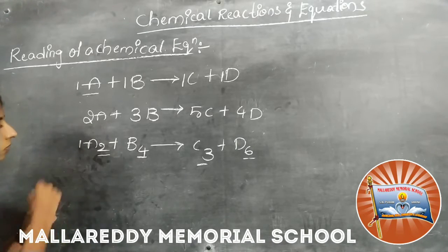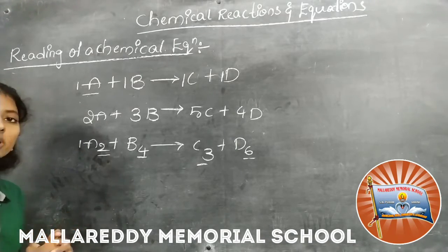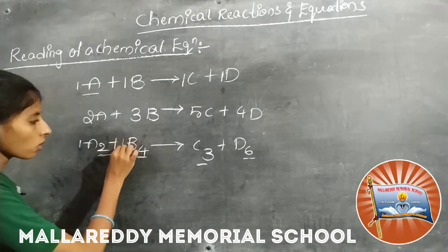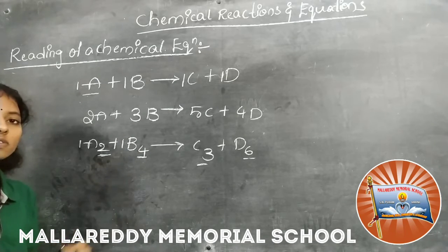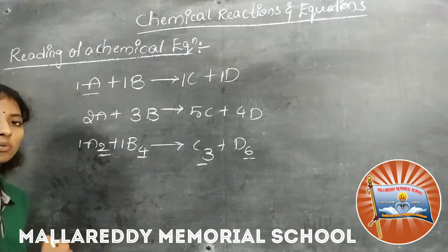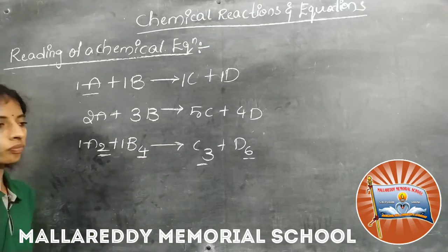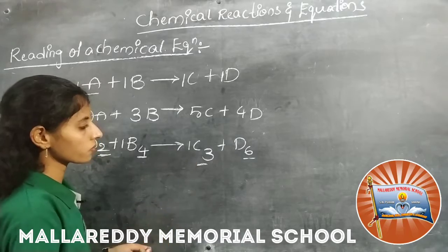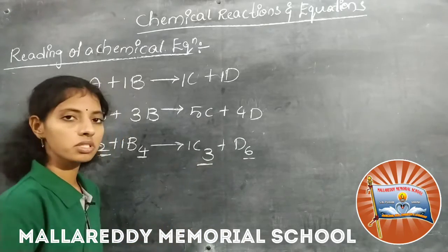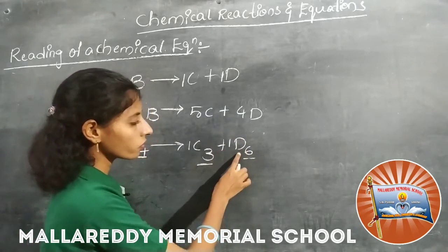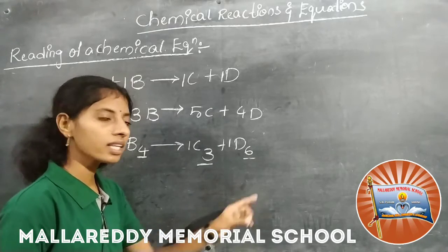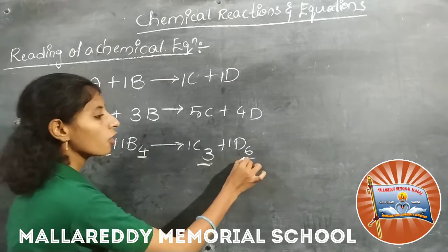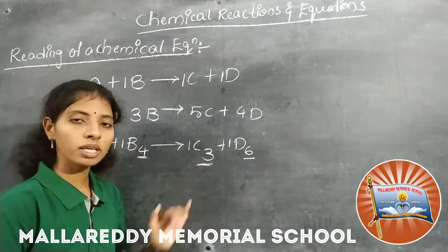So we have 1 molecule of A and each molecule of A contains 2 atoms. Here also the number indicates 1, so we have 1 molecule of B and each molecule of B contains 4 atoms. On the product side also we have 1 molecule of C and each molecule of C contains 3 atoms, and 1 molecule of D and each molecule of D contains 6 atoms. The subscript indicates the number of atoms present in a chemical equation.